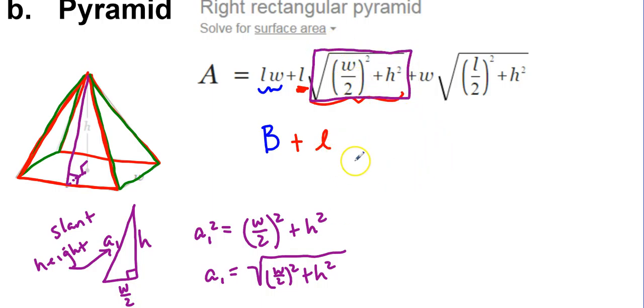So writing this in different terms, we've got the base, L, remember, is the length right here, times the slant height, which we called A1. So this is the slant height of the one face. All right, the last little piece of this, because we're dealing with a triangle, remember that the area of a triangle is equal to 1/2 the base times the height. And when we're talking about this red triangle right here, L is the base, and the slant height is the height.